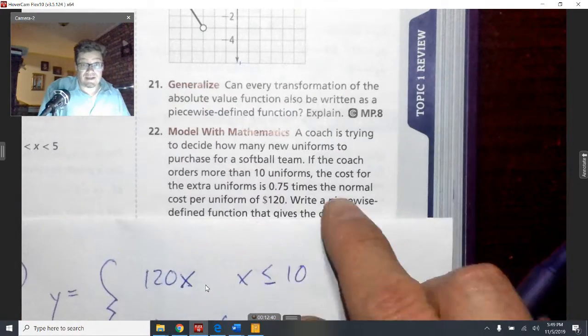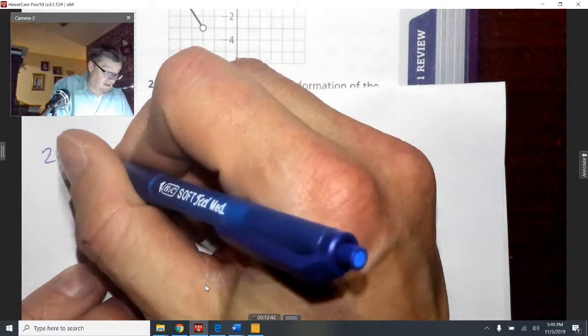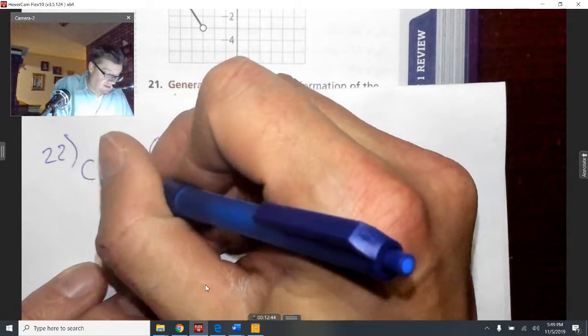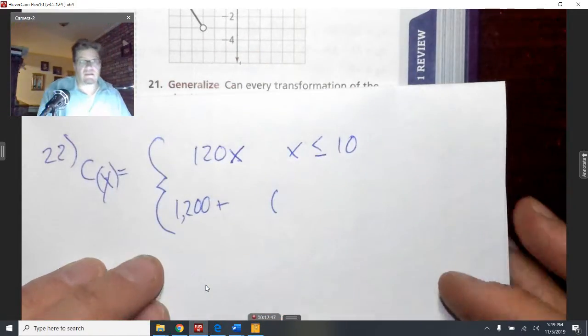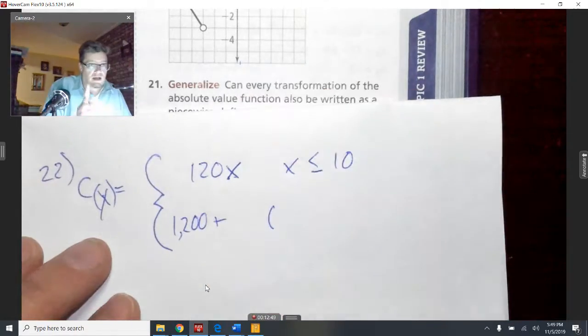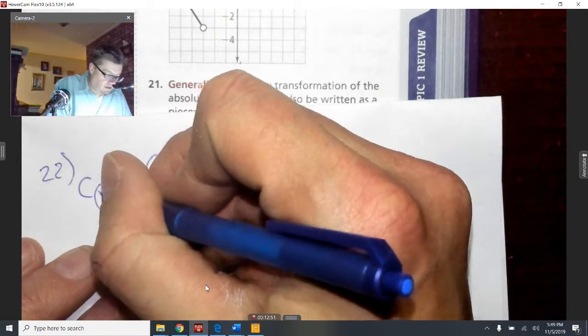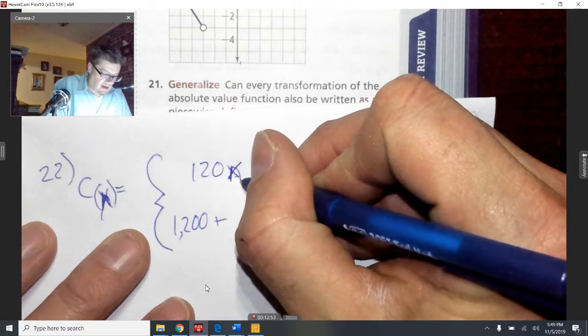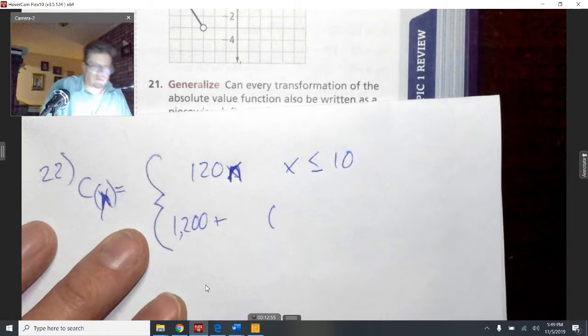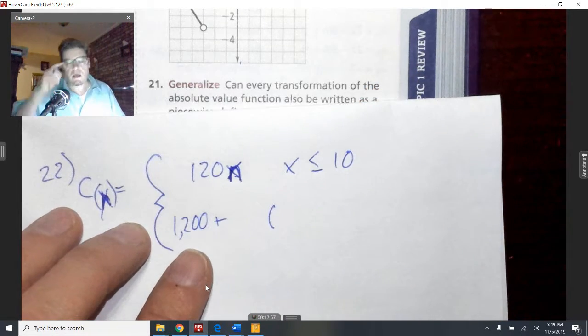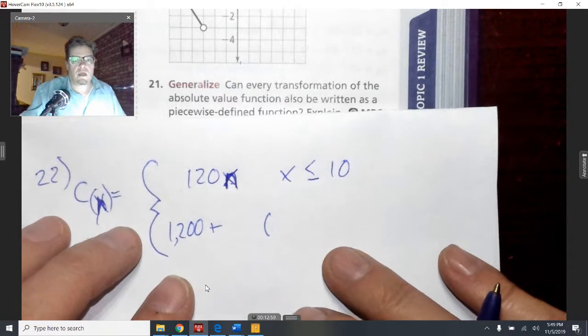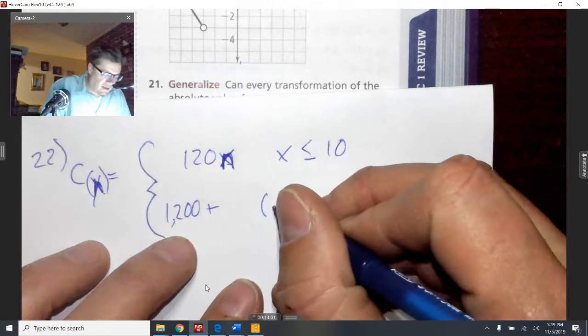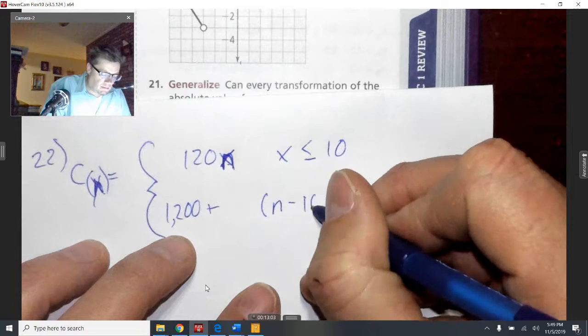And in fact, because we called that c, we should call this c of x. Oh, no, not x. I just said n. Okay, so we're going to call that n. I'm so used to using x that I switched over. Now, I want every n that is more than 10.